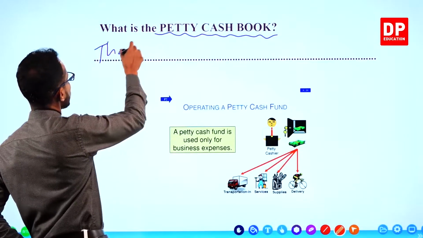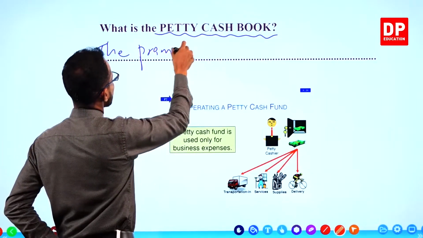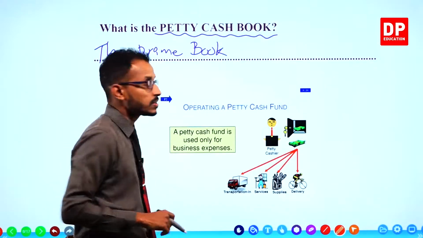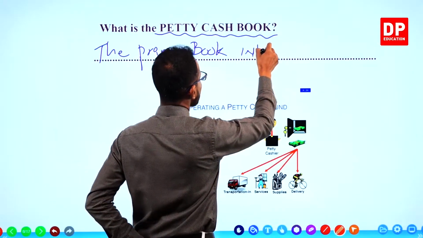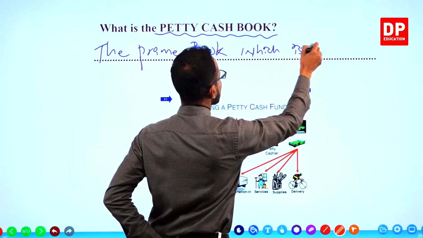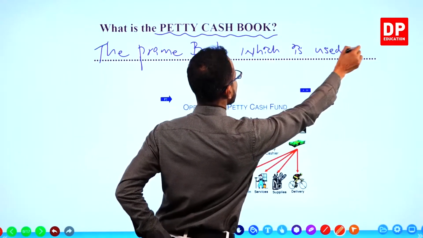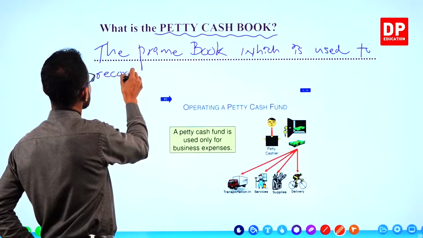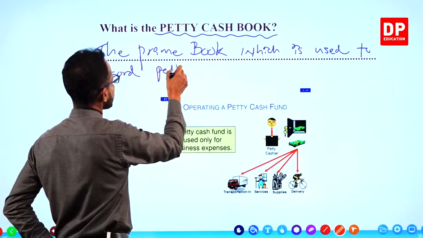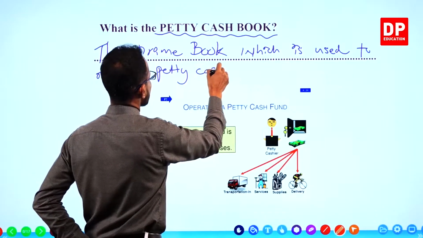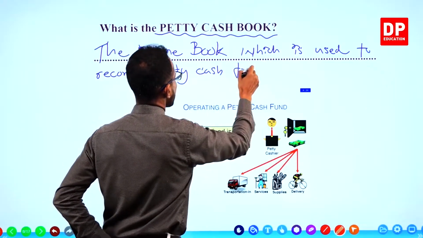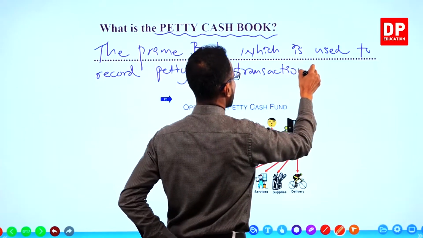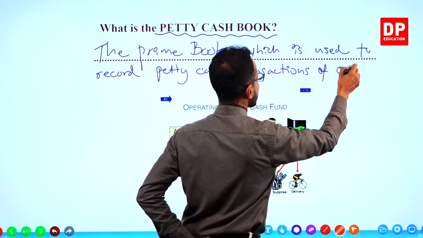Here, children, what is the petty cash book? The prime book, that is a prime book which is used to record petty cash transactions of a business.